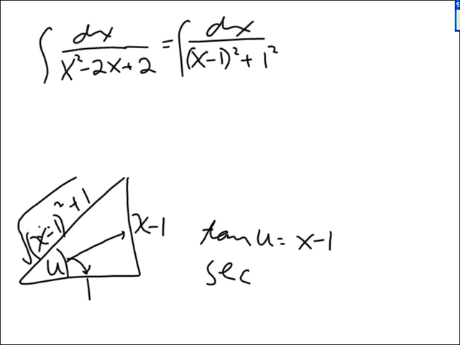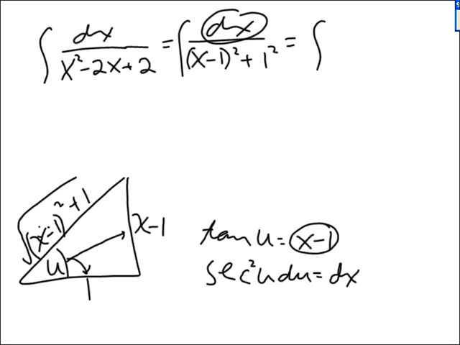To get dx, I take the differential. Secant squared of u times du equals the differential of the right-hand side, which is 1 times dx, or dx. So this top, dx, well, that's easy. That's secant squared u du.